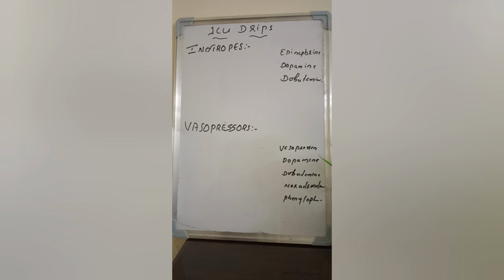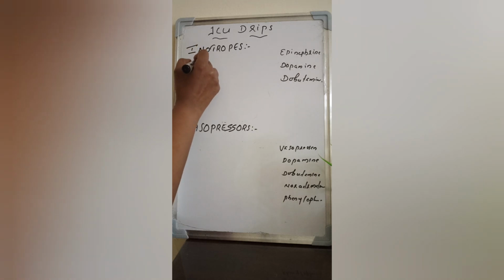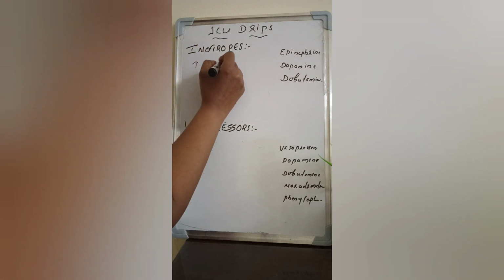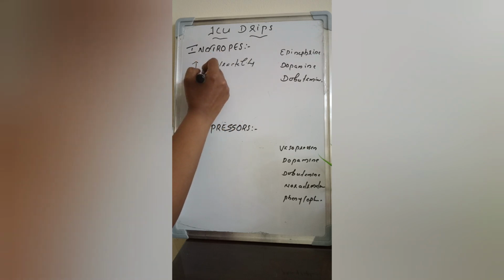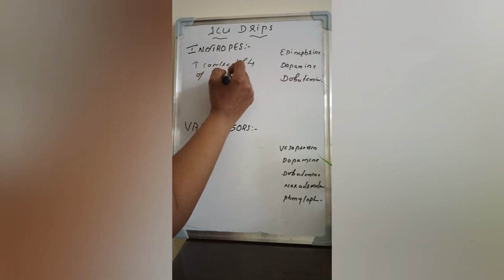What are inotropic medications? How do they affect the body? What is the mechanism of action? Inotropic medications increase the strength of the heart muscles by increasing the contractility of heart muscles.